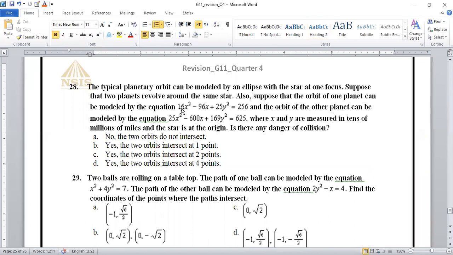Number 28. The typical planetary orbit can be modeled by an ellipse with the star at one focus. Suppose that two planets revolve around the same star.